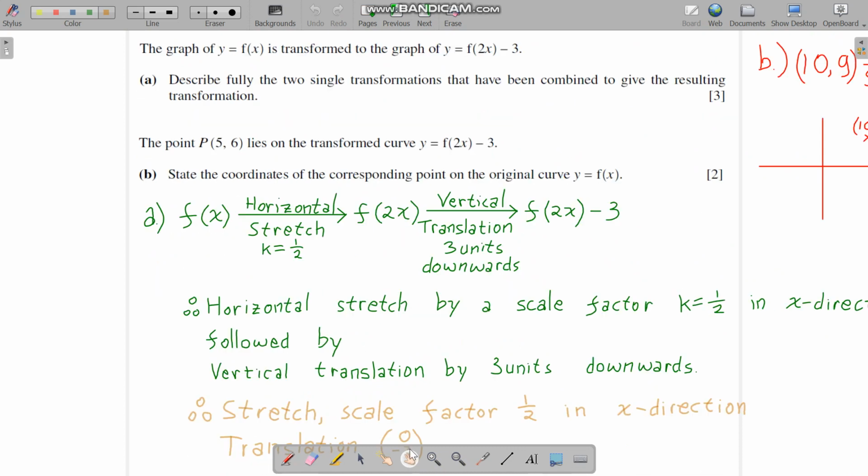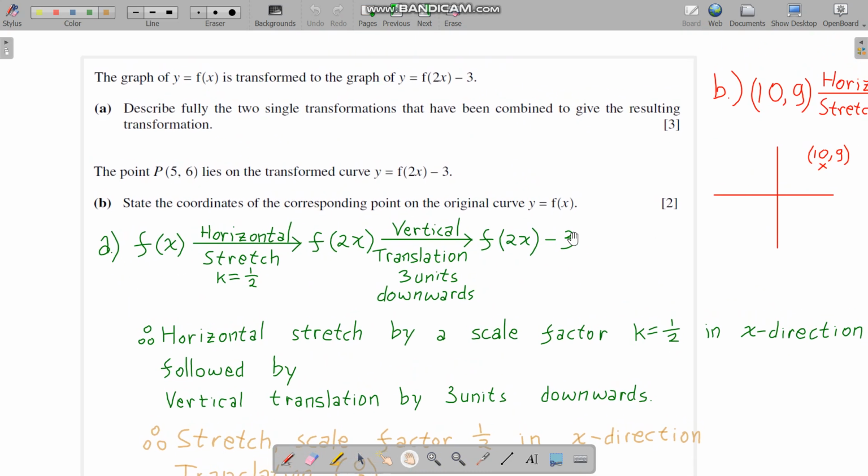Okay, the graph of y equals f of x is transformed to the graph of f of 2x minus 3. So we have times 2 inside and minus 3 outside. Inside means horizontal, and times means stretch.